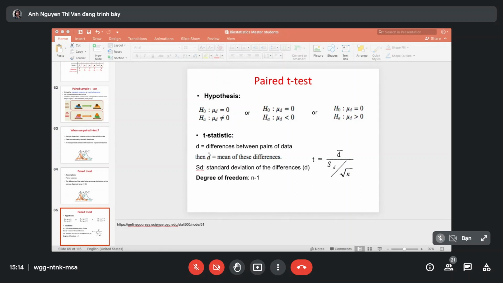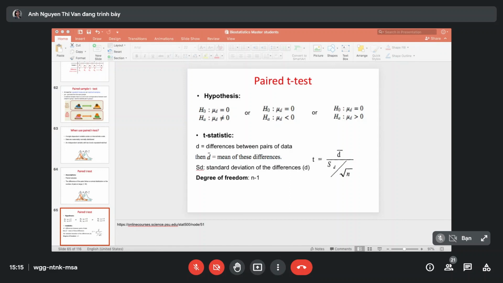So if Ha is μD less than 0, what can we conclude? Lê Thị Tuyết, Trần Tuyết Mai. Yes. So in case μD is less than 0, what can we conclude? I think the conclusion is that group 1 is smaller than group 2. Yes, the mean of group 1 is less than group 2.